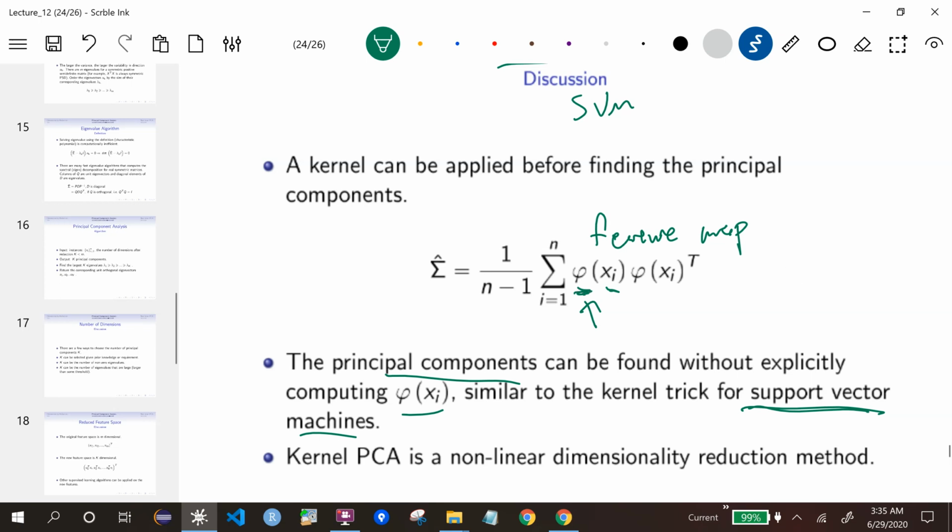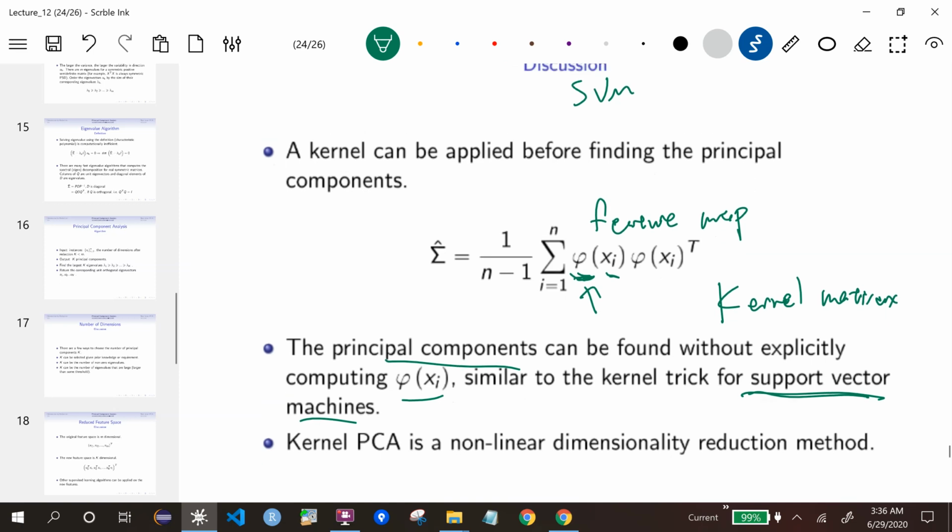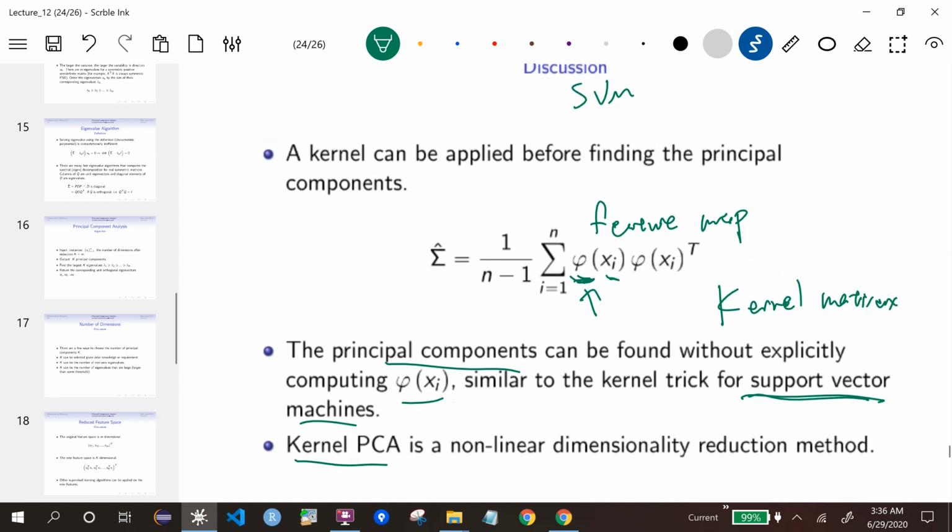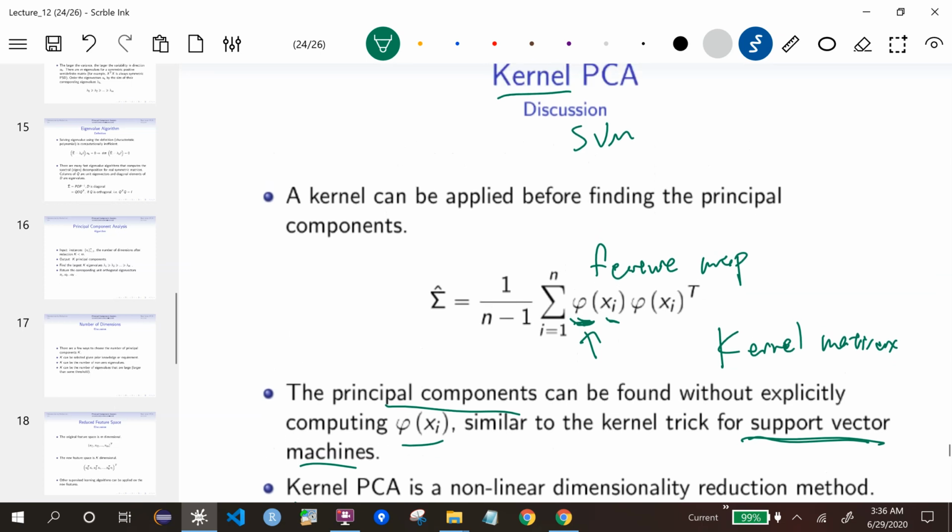We won't deal with these feature maps and we'll use the kernel matrix instead. And that introduces some kind of non-linearity, so kernel PCA is also another non-linear dimensionality reduction method. So that is all I want to talk about regarding PCA.